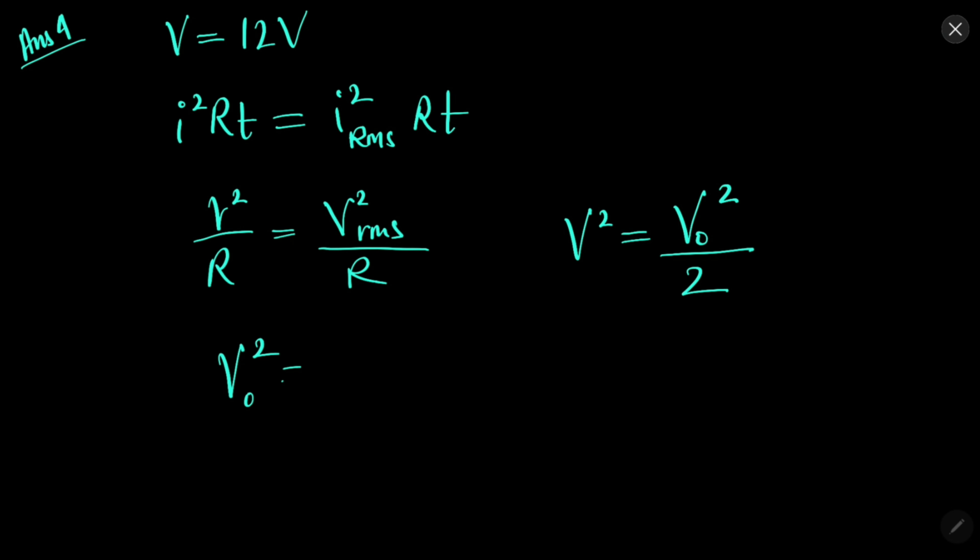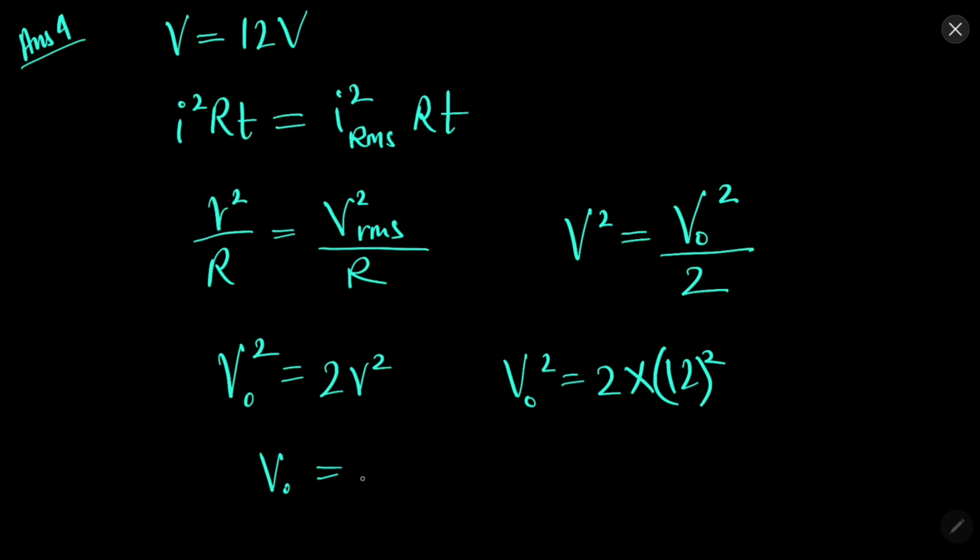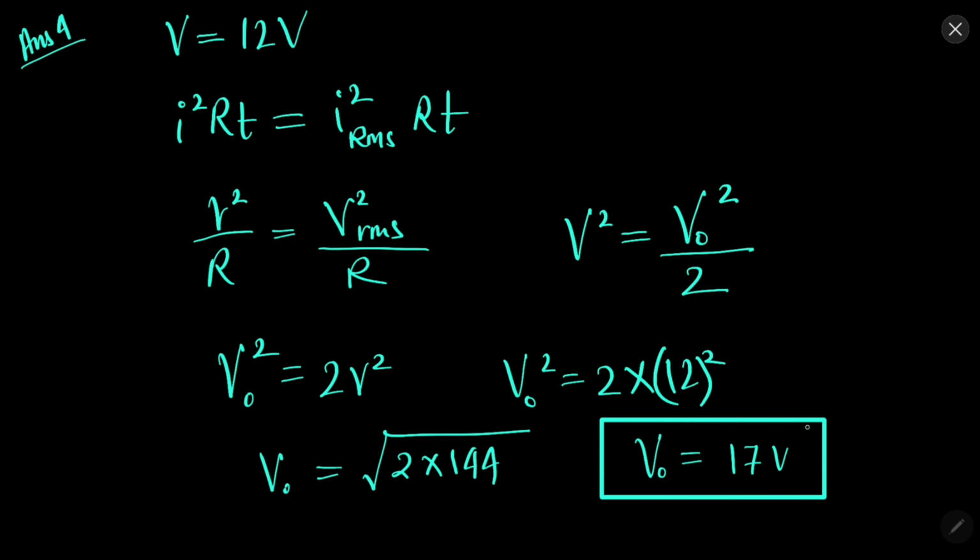So V0 square will be 2 V square. So V0 square will be 2 into 12 square. So V0 will be root of 2 into 144. So V0 will be approximately 17 volt.